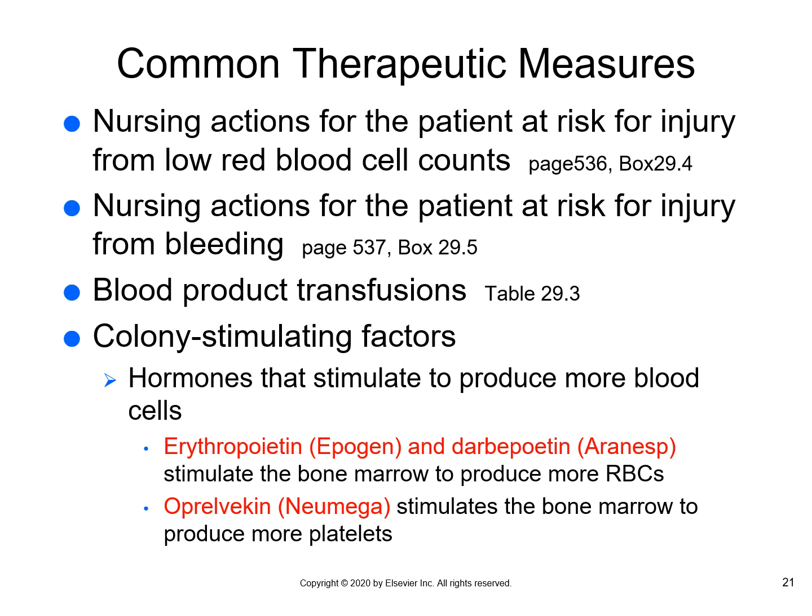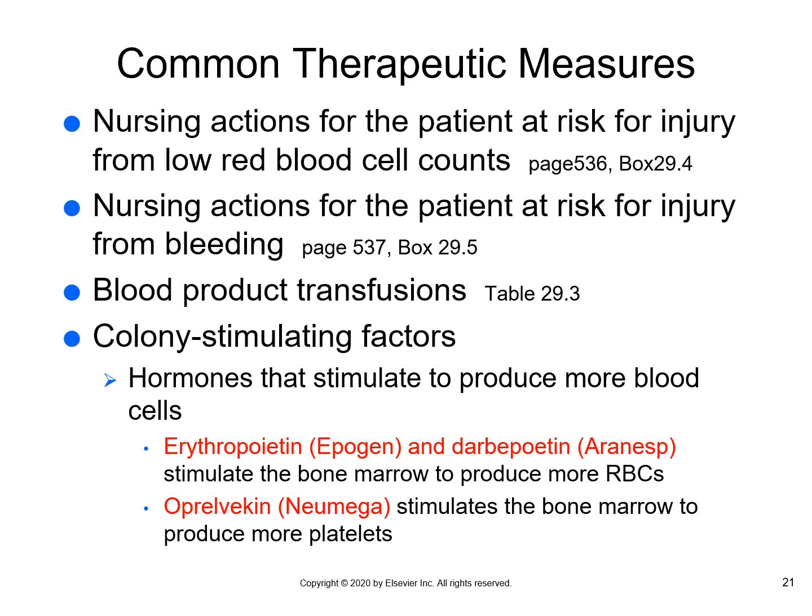Okay. Blood product transfusions is table 29.3. You can also read through this and highlight things. And then colony stimulating factors: we talked about the hematopoietin earlier, but there are also hormones that stimulate production of more blood cells.